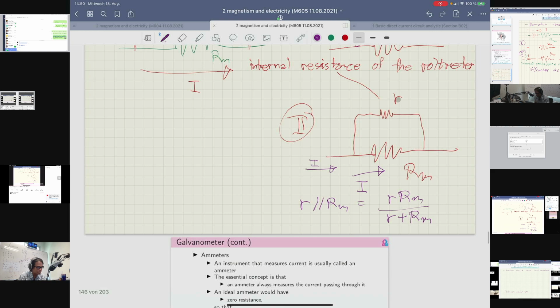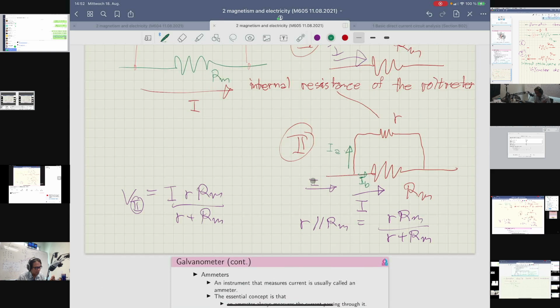So yeah, it's not good, and a good voltmeter should have infinite resistance, because if you have infinite ohms of resistance at this branch, it's going to completely obstruct the current flowing through this branch. There will be no IA, and IB will be equal to the plain I, I without the subscript, because there is no current separated into this way.